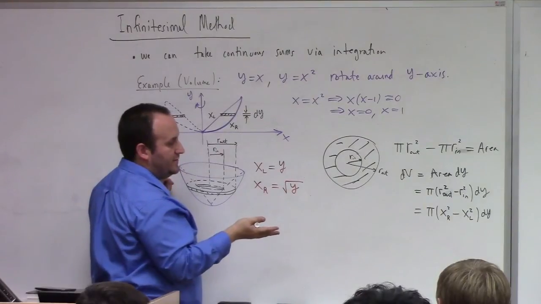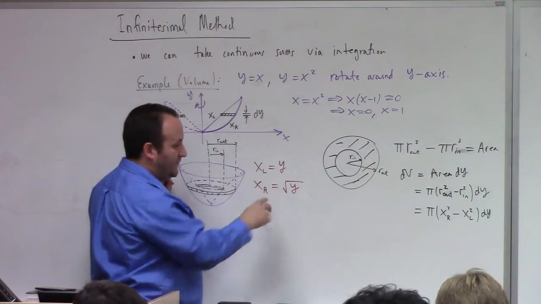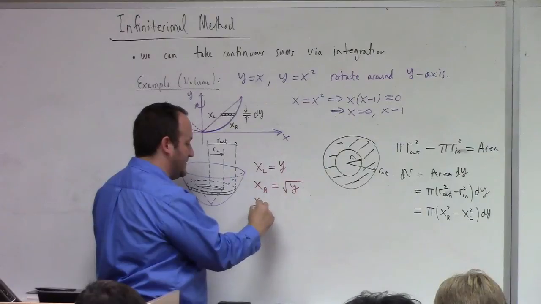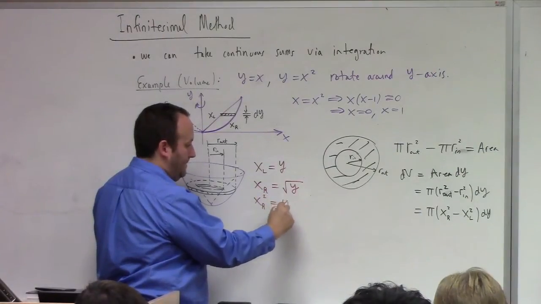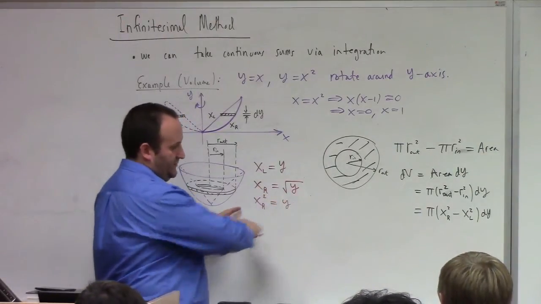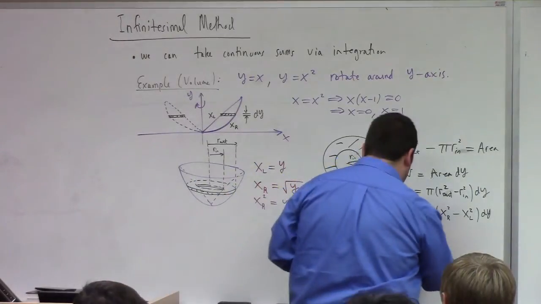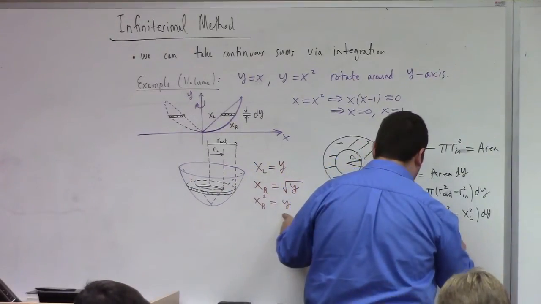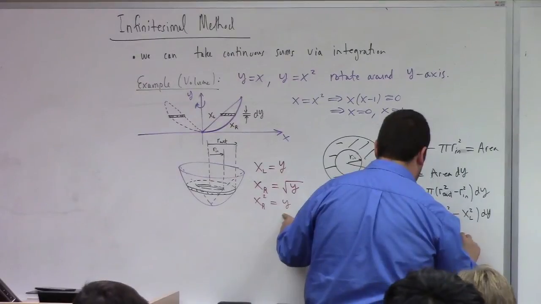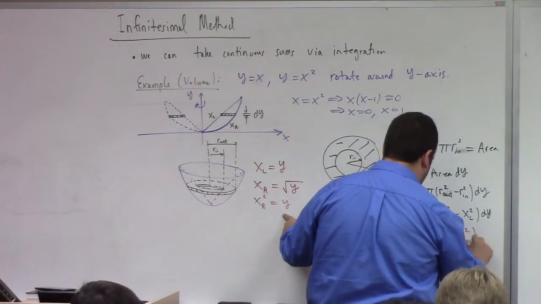Now, how do I know I need functions of y? Of course, I actually don't need xr. I need xr squared, right? So put those over here, we get pi times y minus y squared dy.